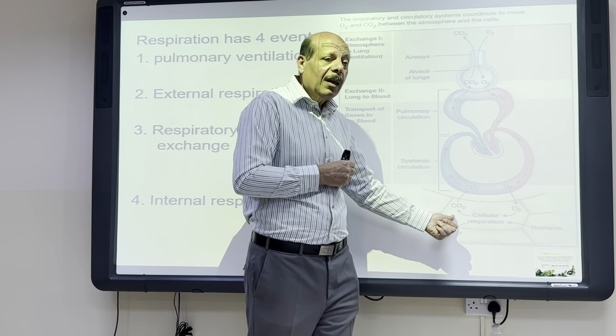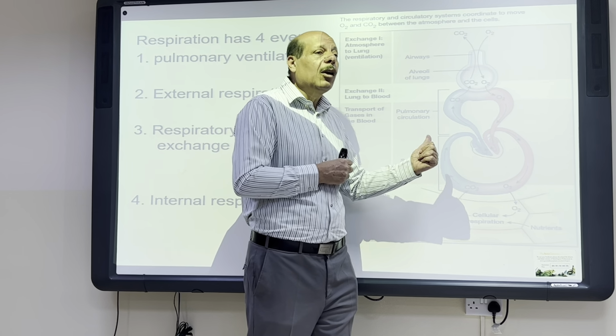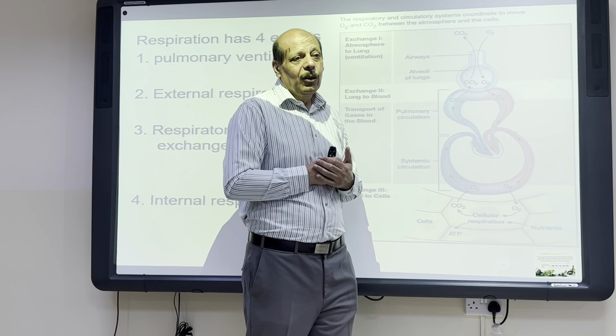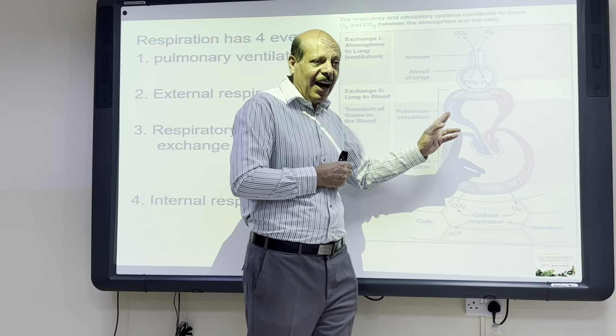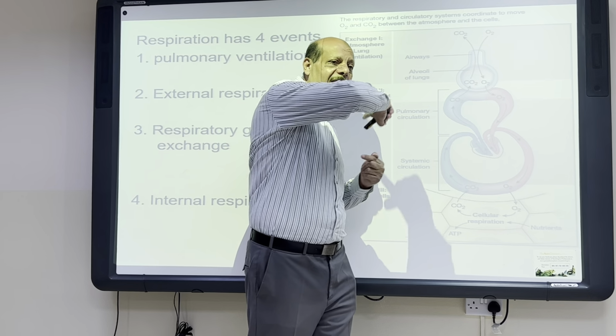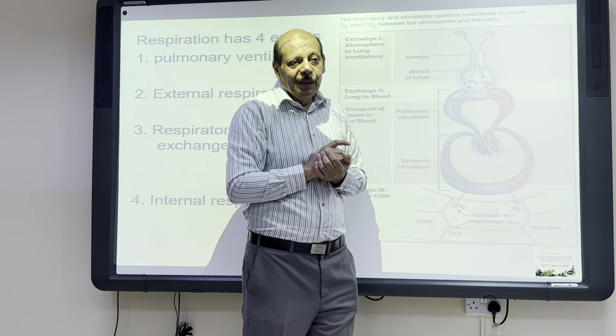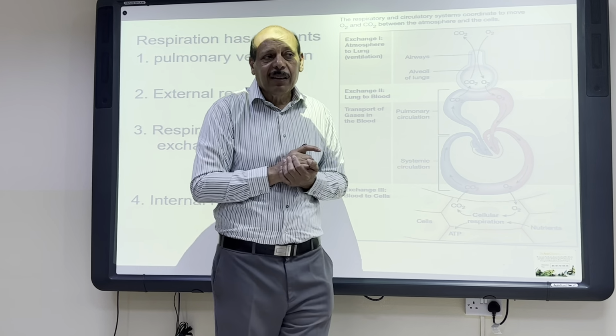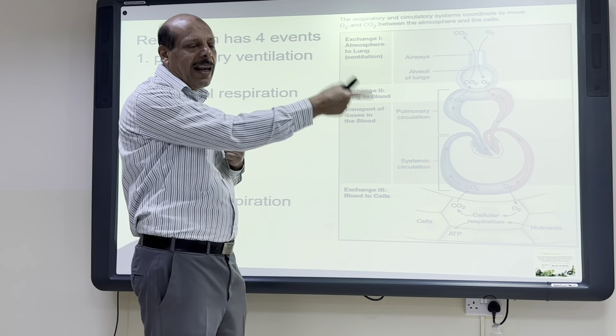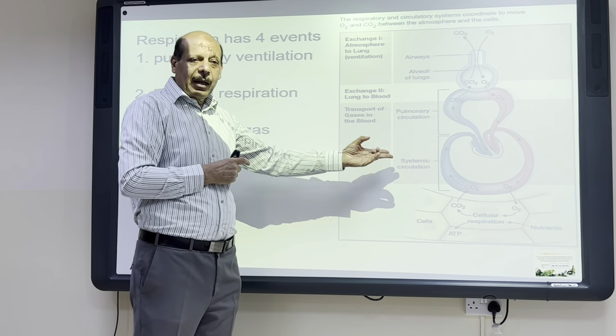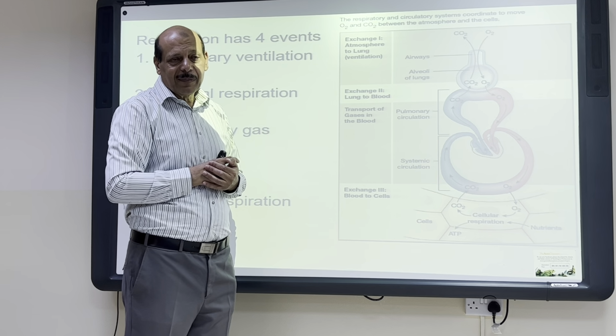And the carbon dioxide will return back to the venous side in order to be sent back to the heart and then to the lung in order to get oxygen again.